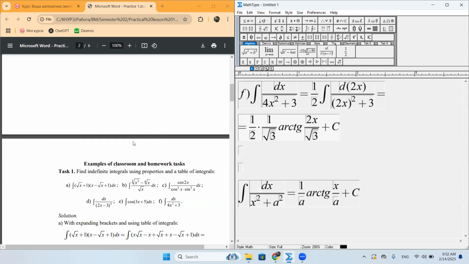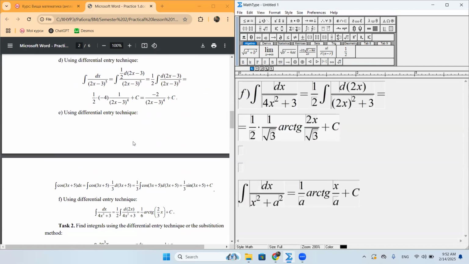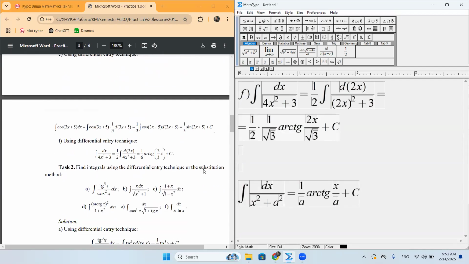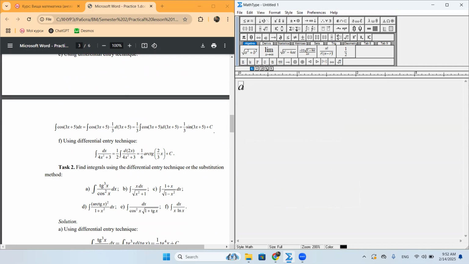So let's continue. Let's have more practice. Again, we are using the differential entry technique for integrals. Task 2a, we have the following integral: tangent cubed of x divided by cosine square of x.